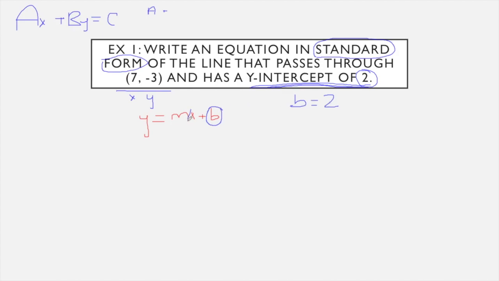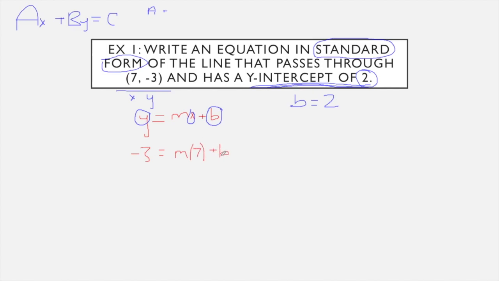We know an x, because we have a point, that's 7. And we know a y value, that is -3 given. So we have 3 things, there's only one missing, so we can find it if we want to. So let's plug in what we know and then get closer to solving this. So y is a -3, m we don't know, x is a 7, and b is a +2.